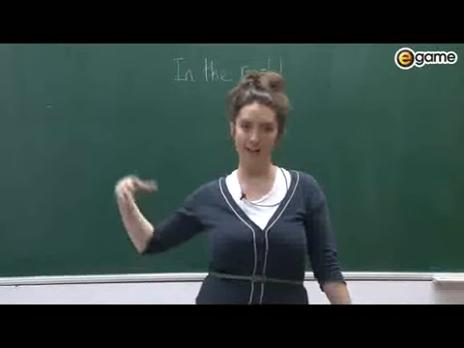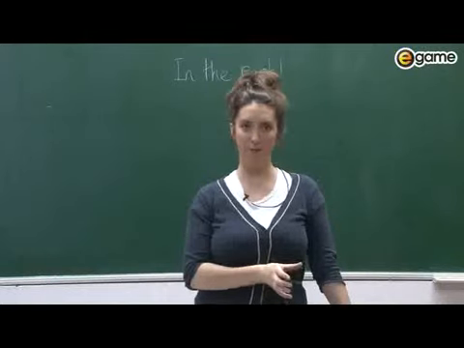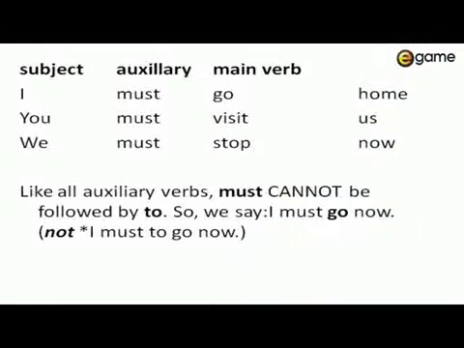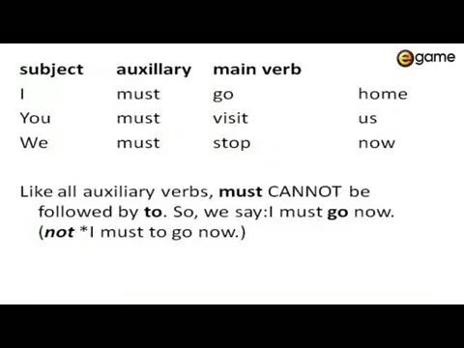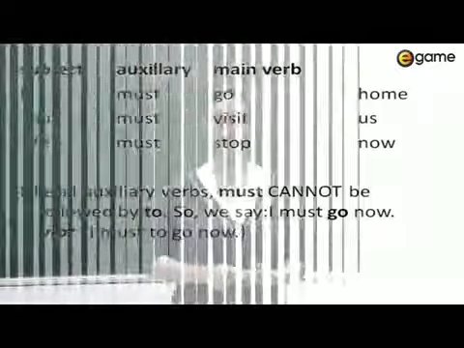So again, subject, must, main verb. Like all auxiliary verbs, must cannot be followed by to. So we say, I must go now, not I must to go now. Okay, we take out the to. I must go now.